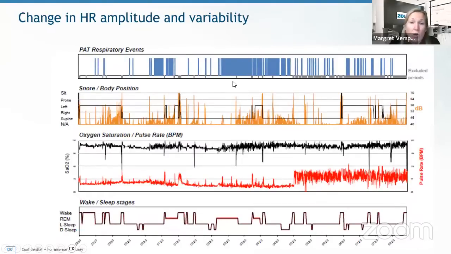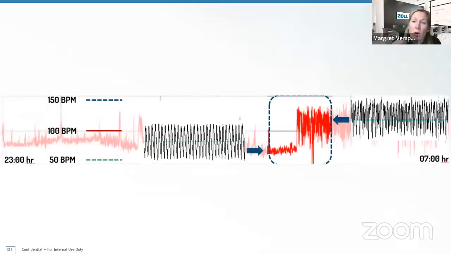So it could be that this period of atrial fibrillation is triggered by a cluster of apnea events. It's important to check and verify whether the breathing events are correlated to some arrhythmia, maybe even before the start of the atrial fibrillation. So look at the report, do the interpretation, and zoom in if necessary.